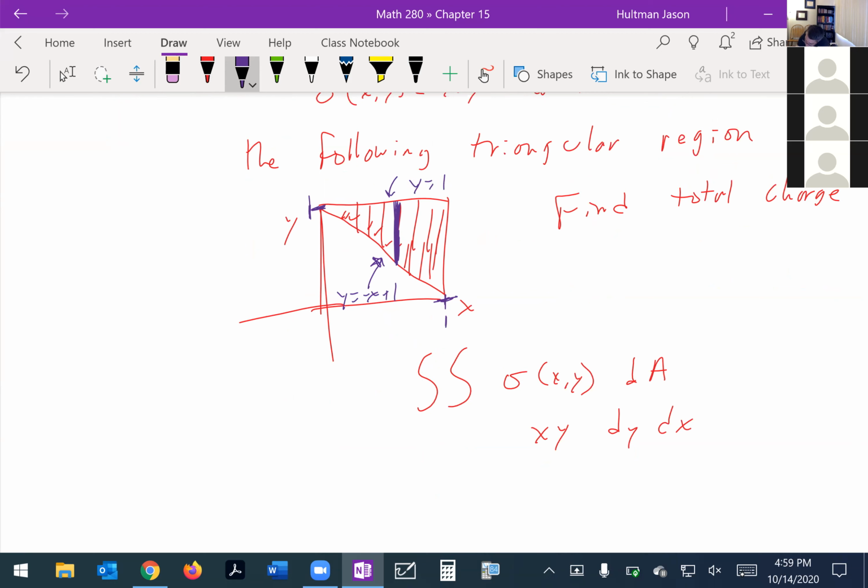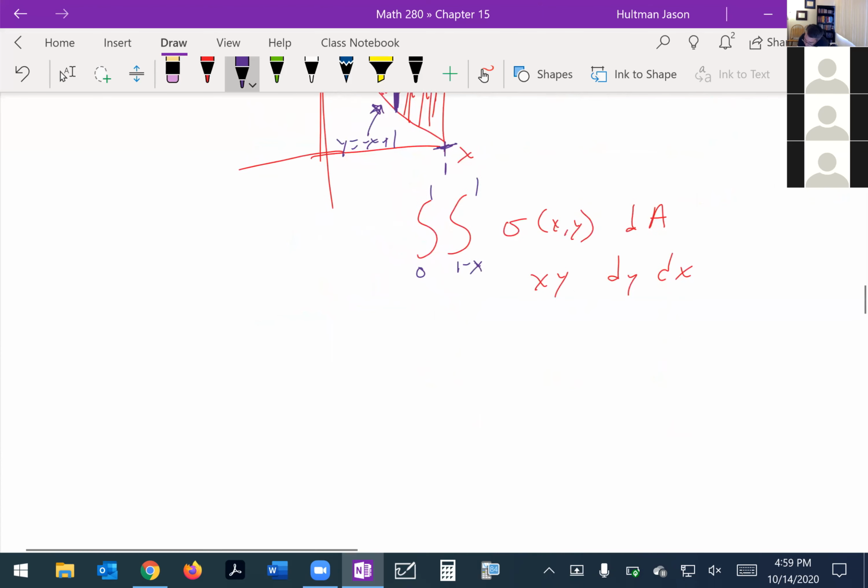So y goes from negative x plus 1, or 1 minus x, to 1. And what do the x's go from? The x's go from 0 to 1. So let's put that together: 0 to 1, 1 minus x to 1, xy dy dx.